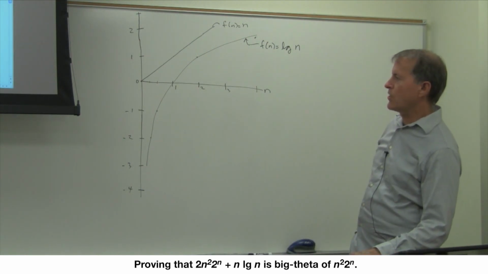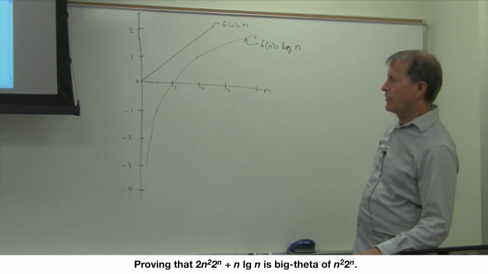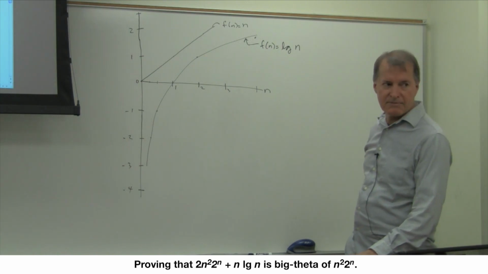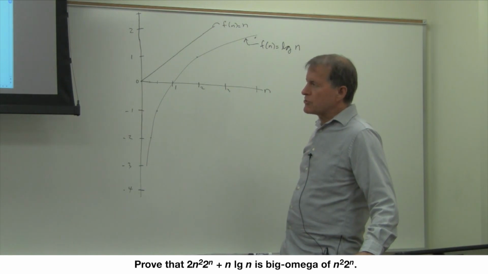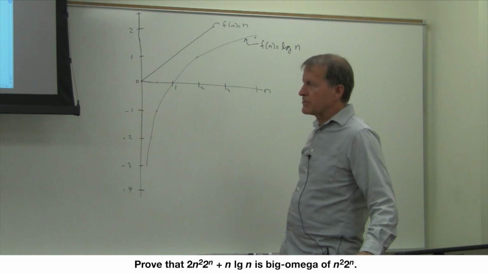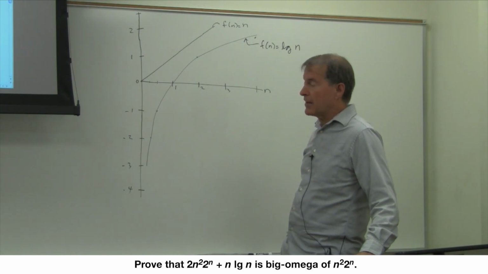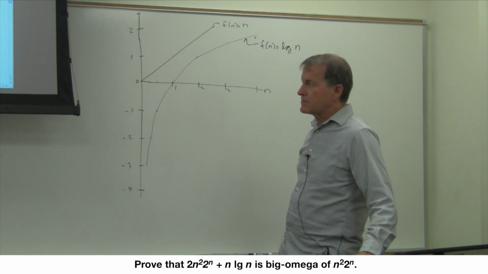I think the big O is the hard one, right? With big omega, you can just drop the n log n, provided n is greater than or equal to 1. You can just drop that. So the big omega is the easy one.